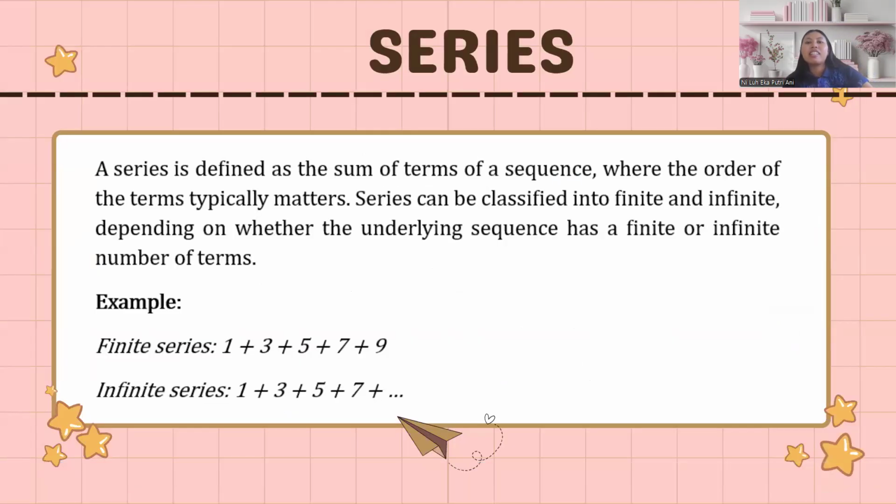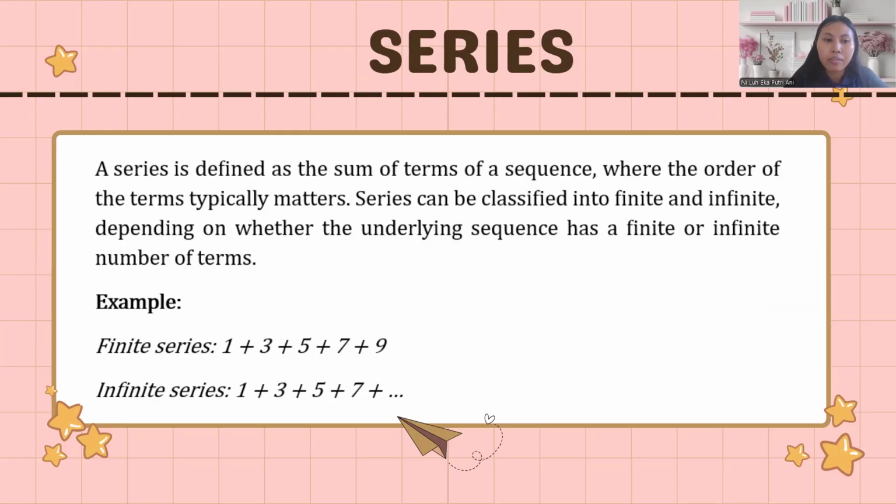The next topic is series. What is a series? A series is defined as the sum of terms of a sequence where the order of the terms typically matters. Series can be classified into finite and infinite, depending on whether the underlying sequence has a finite or infinite number of terms.